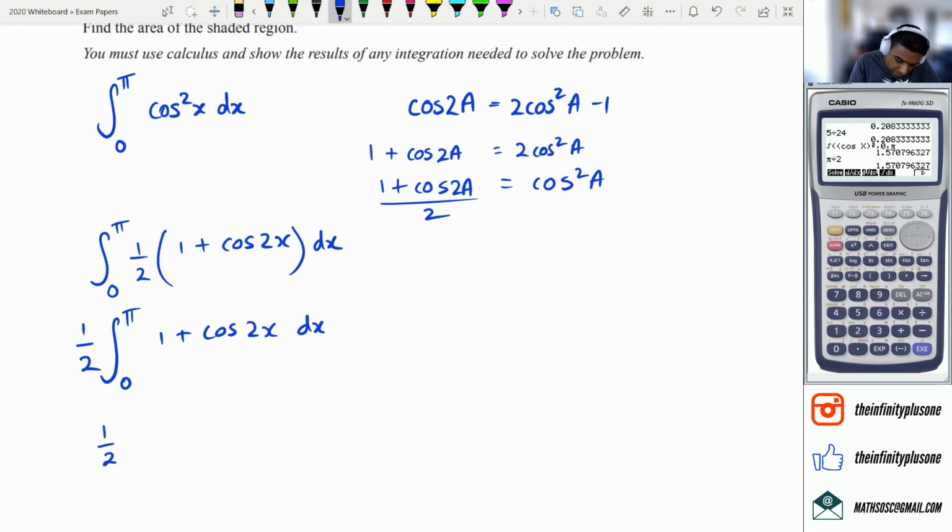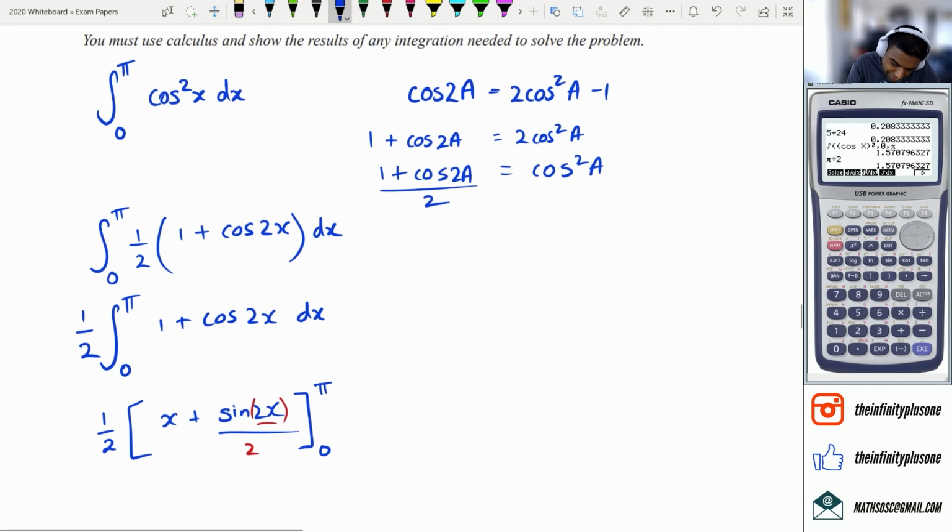So that means I've got half outside. Integrating 1, I'm going to get x plus, integrating cos 2x is going to become sine 2x divided by the differentiation of whatever is inside the bracket. In this case, it's 2x, so that means I'm going to get 2. And of course, this is all between pi and 0.